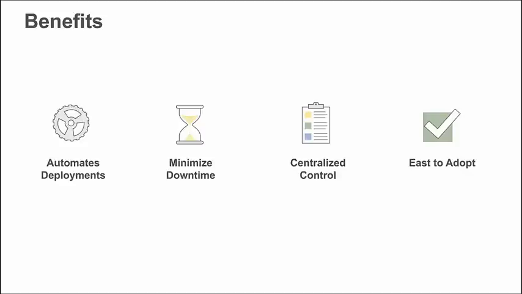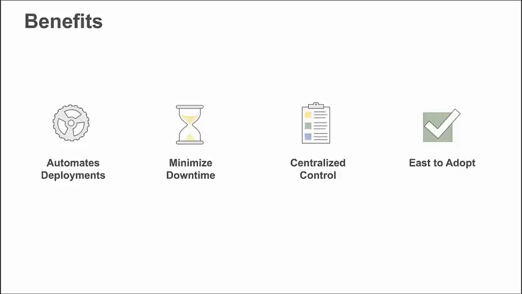AWS Code Deploy helps you maximize your application availability by performing rolling updates across your Amazon EC2 instances and tracking application health according to configurable rules. Deployments can easily be stopped and rolled back by redeploying if there are errors.